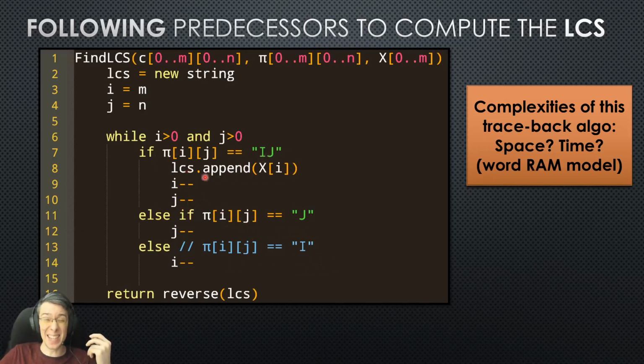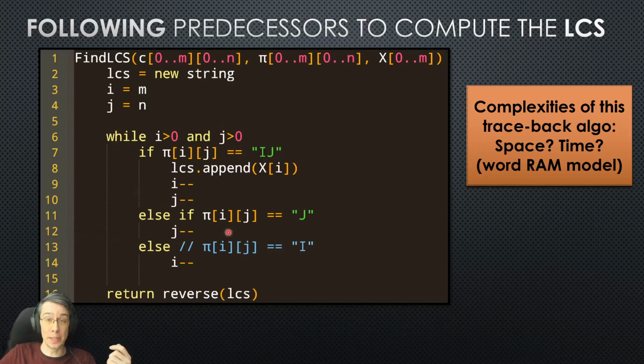This appending, let's say that we can append to the string in constant time. So everything that's done inside this loop will be constant time. And then how many iterations are there? Well, i starts at m and j starts at n, and in each iteration of the loop we decrement either i or j. So we can only have m plus n iterations, each doing a constant amount of work.